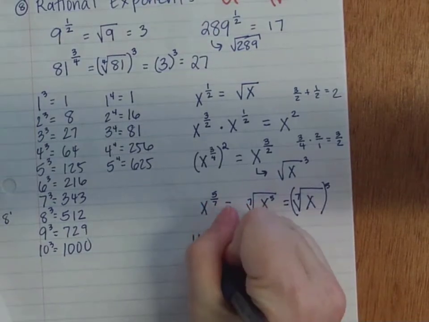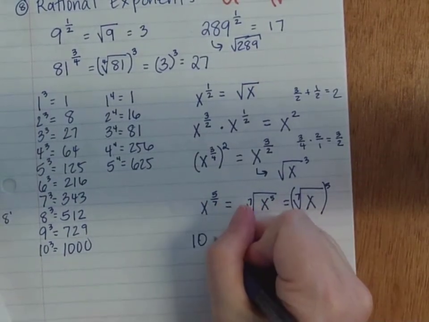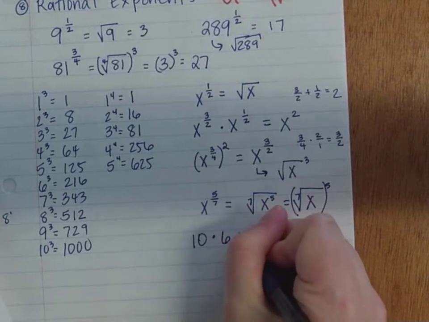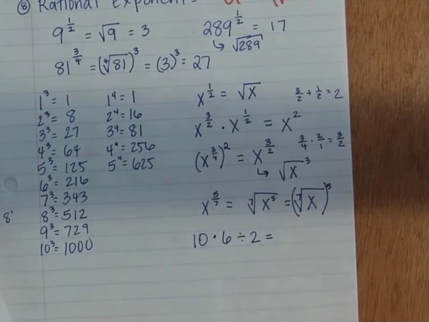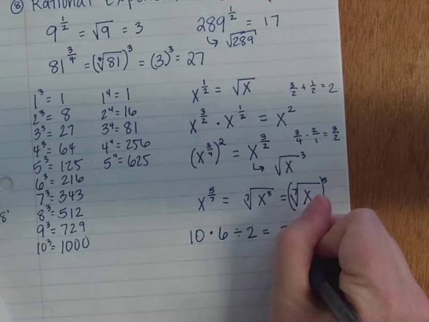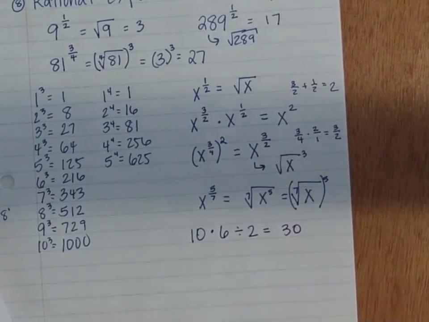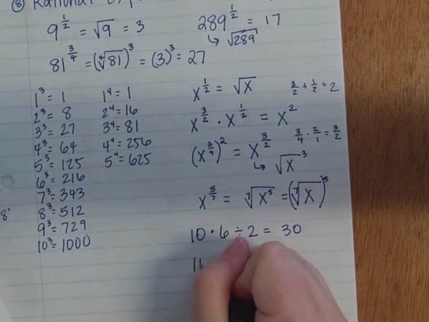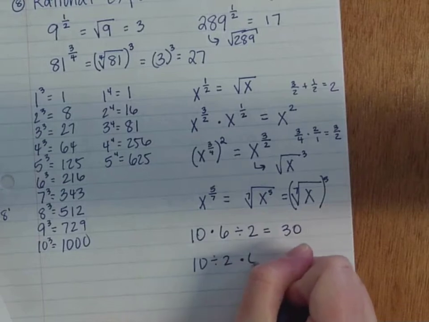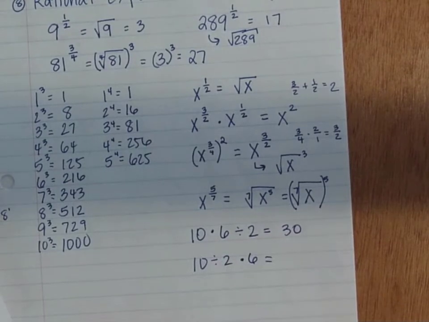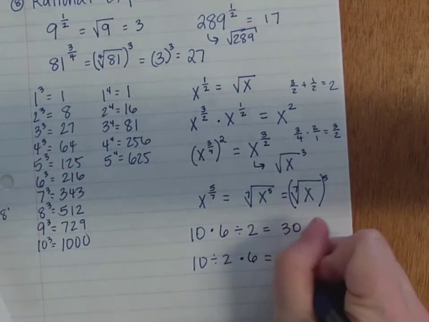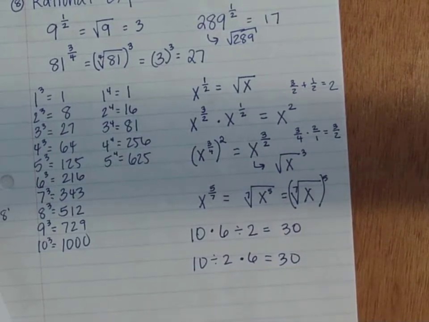So if I have 10 times 6 divided by 2, what do we get? 30. But let's say I would rather divide first and keep numbers smaller. So 10 divided by 2 times 6, what is that? 30. So with powers and roots, you can take the power first, or you can take the root first, it won't matter.